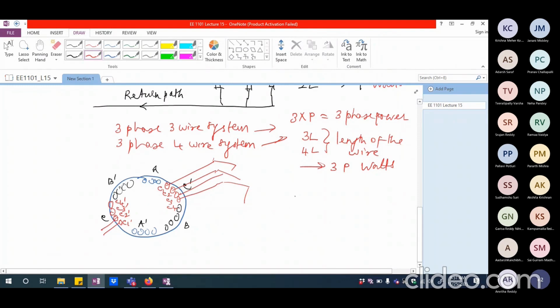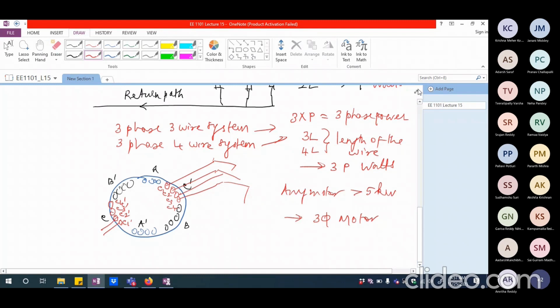So generally, as a rule, any motor which is greater than about 5 kilowatt to 10 kilowatt, that will be a 3-phase motor. You will never have an AC motor which is of 15 kilowatt or 20 kilowatt or 800 kilowatt as single phase motor. Always larger power rated motors will be 3-phase. It will never be single phase.